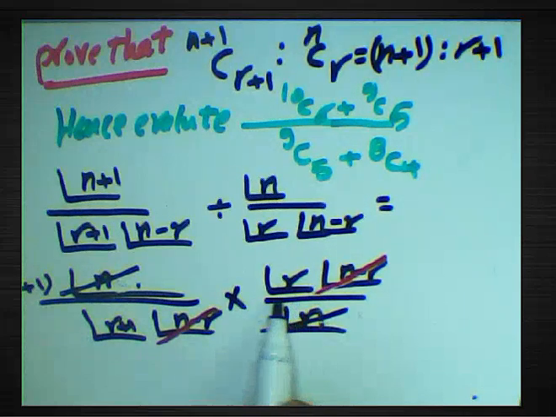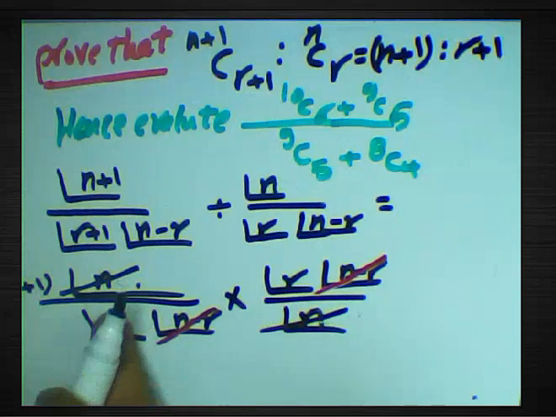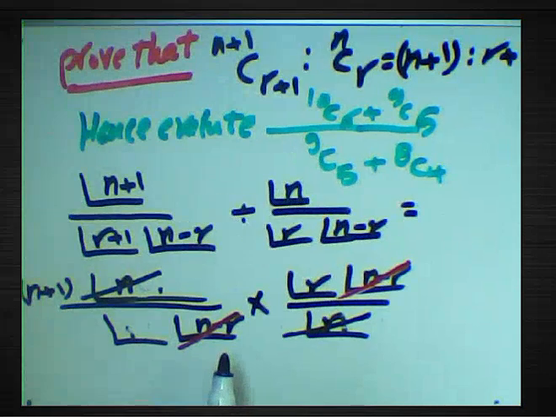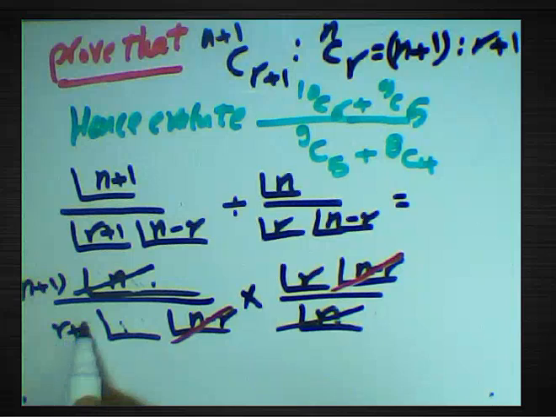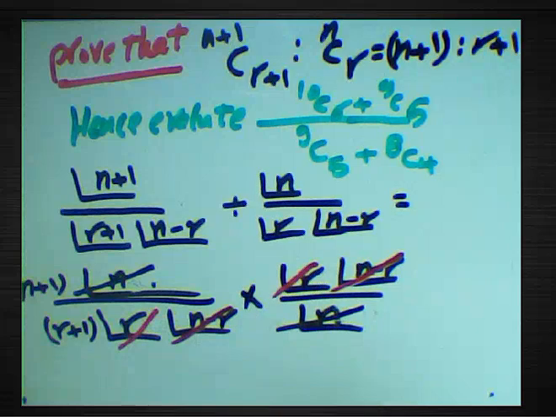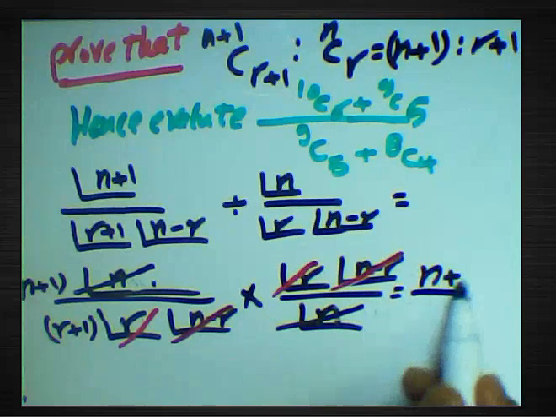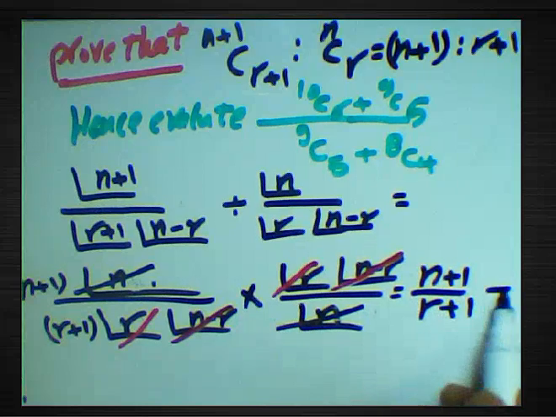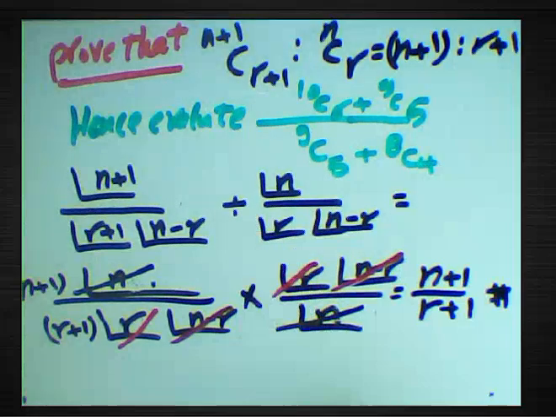And we have r plus 1 here. We can write r plus 1 outside, and the remainder is r. We can cancel factorial r by factorial r. Then the result will be n plus 1 over r plus 1. We have proved that for this example.